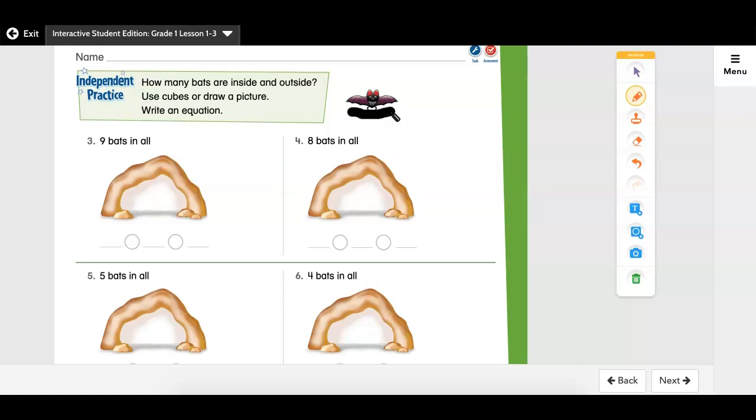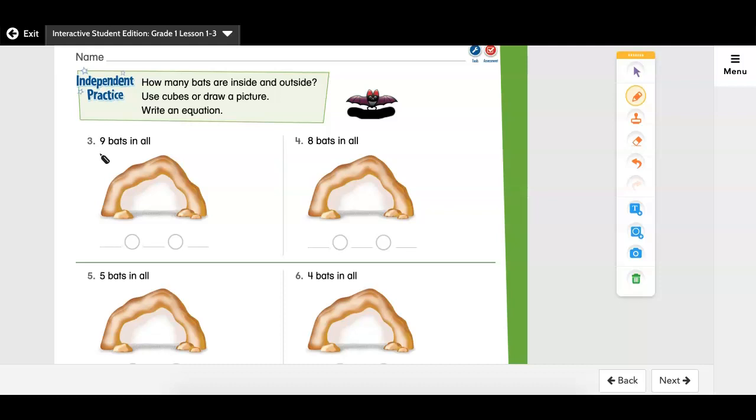All right, so boys and girls, like we just did together, if we look at number 3, it says there are 9 bats in all. So you can write the total here. So write 9 equals, and then what 2 numbers added together equal 9?